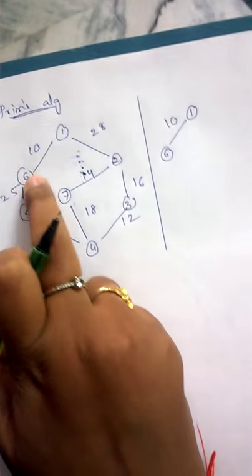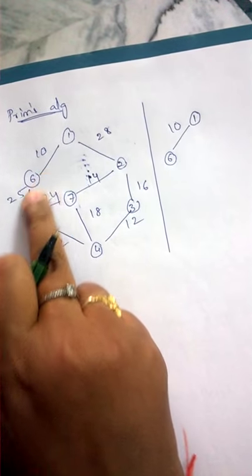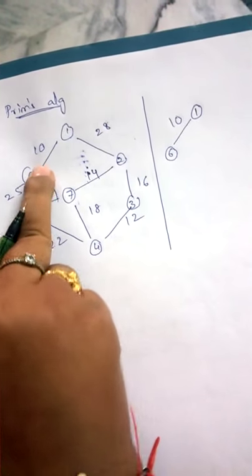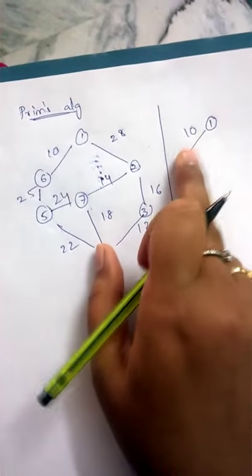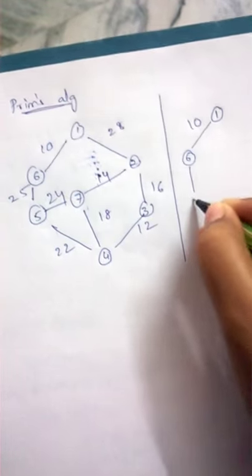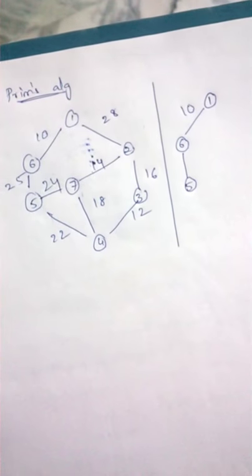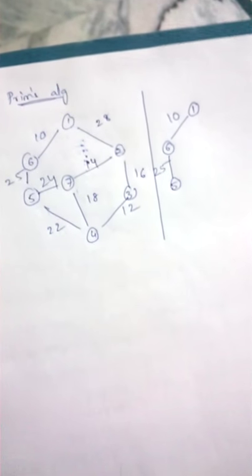From 6 you have two possible paths, 6 to 1 and 6 to 5. 6 to 1 is short, but we already considered it, so we should not repeat it. So draw from 6 to 5, whose length is 25.